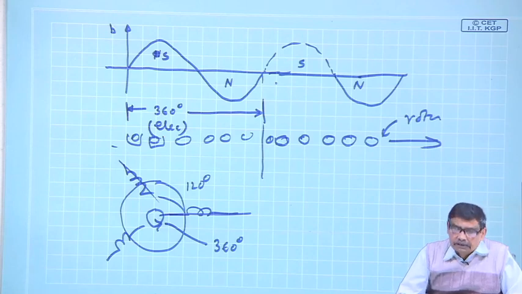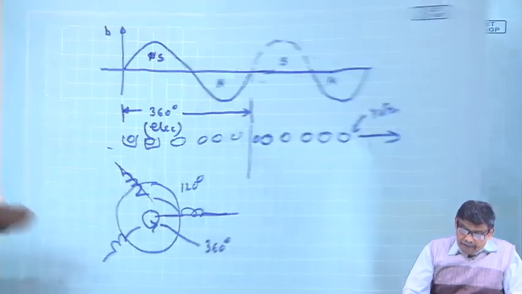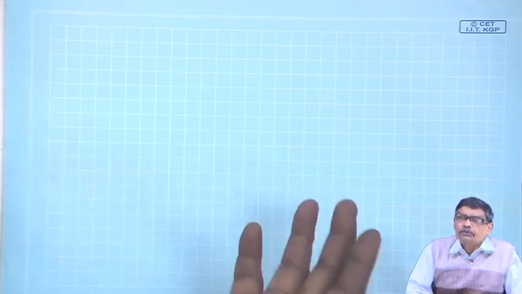That is one important thing, you note that. So, a multipolar machine is often represented as a 2-pole machine and all angles are shown electrical, that is all. You analyze that, that is it.